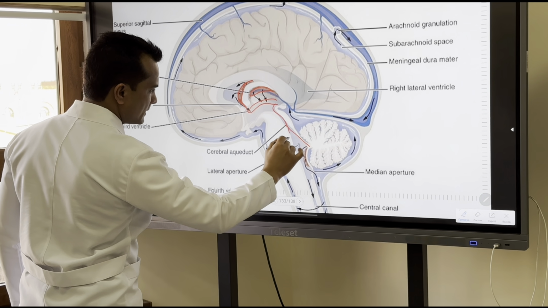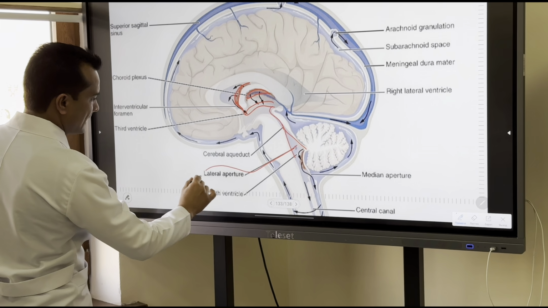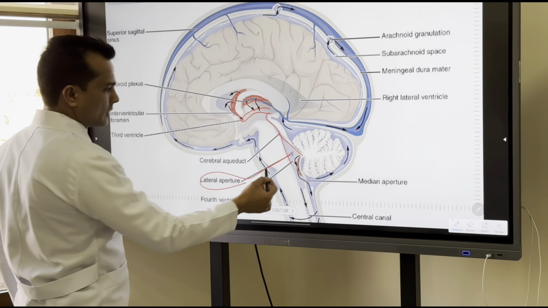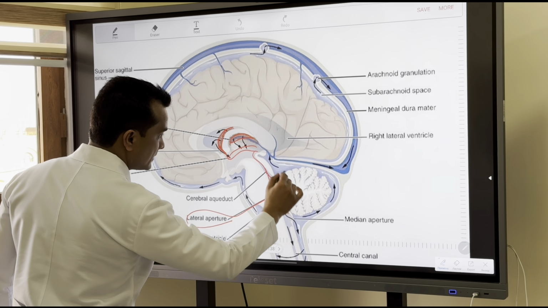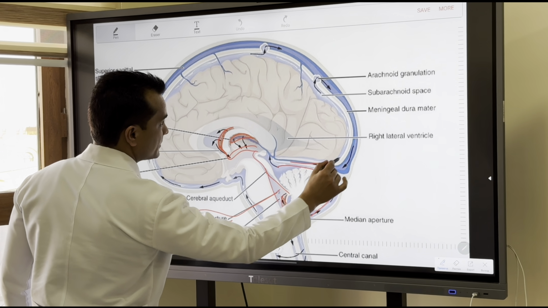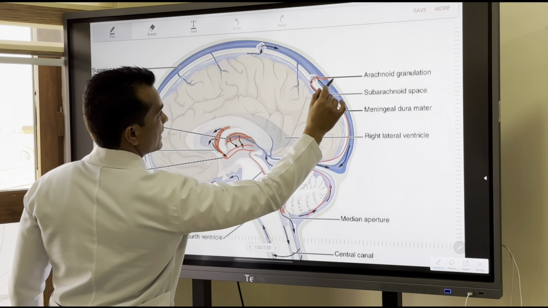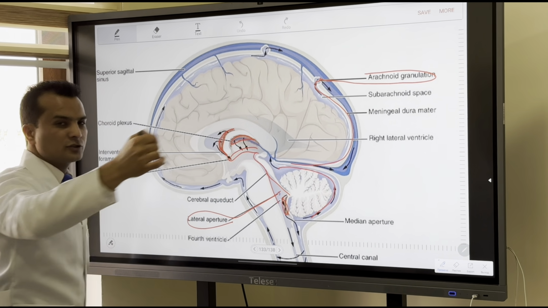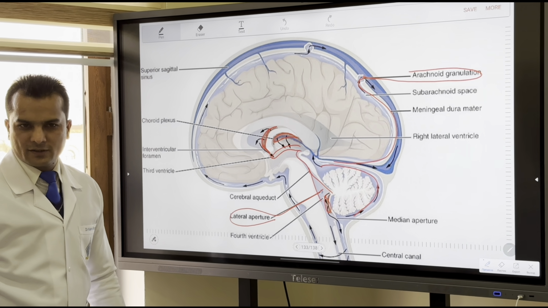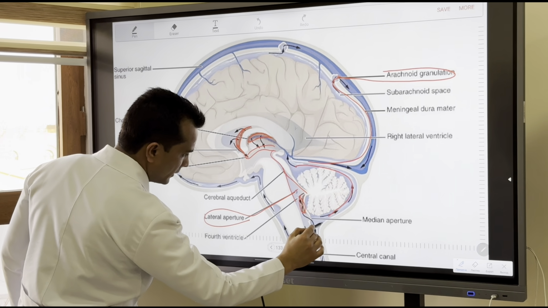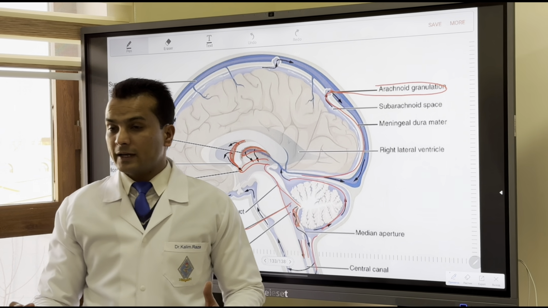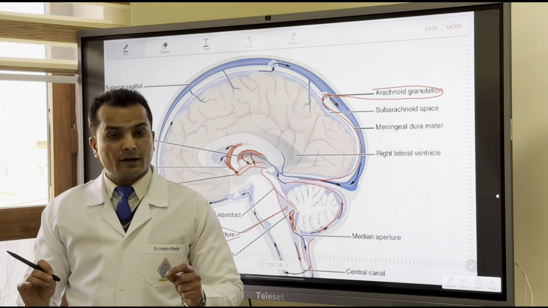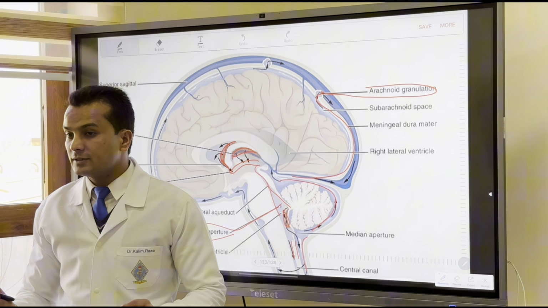This is your fourth ventricle, and this is the lateral aperture, the foramen of Luschka, and this is the choroid plexus of the fourth ventricle. Then it flows in the subarachnoid spaces, and through the arachnoid granulations it enters the sinuses like the superior sagittal sinus. And it also flows in the subarachnoid space and central canal. The spinal cord is also floating in CSF in this subarachnoid space.